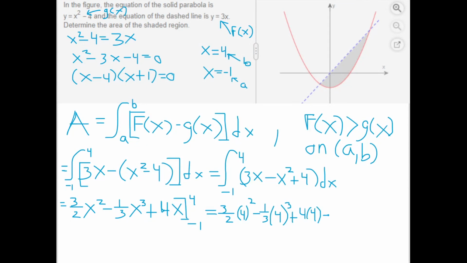Now we're going to subtract, plugging -1 in. So we have 3/2 times -1 squared, minus 1/3 times -1 cubed, plus 4 times -1.